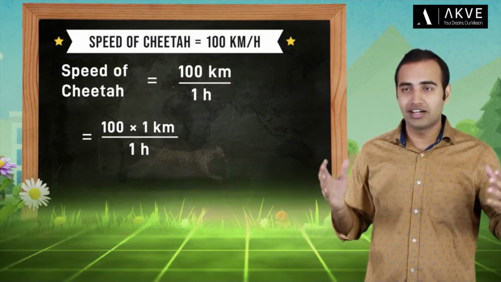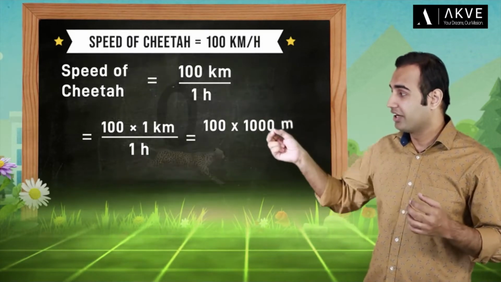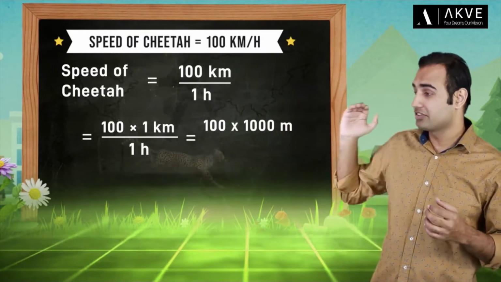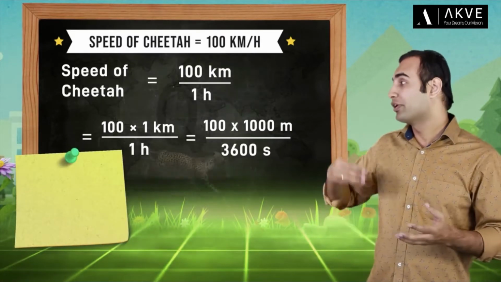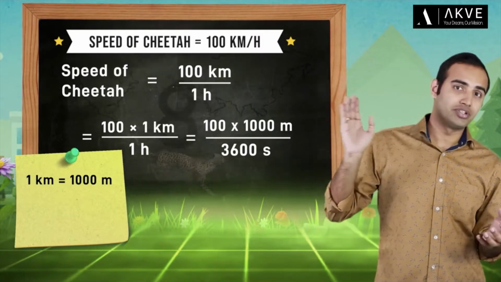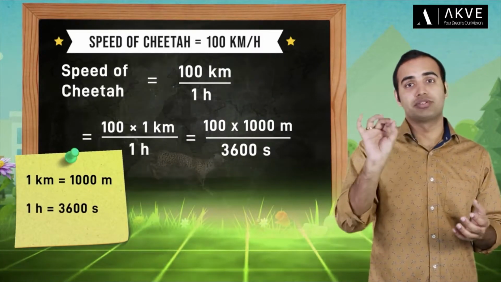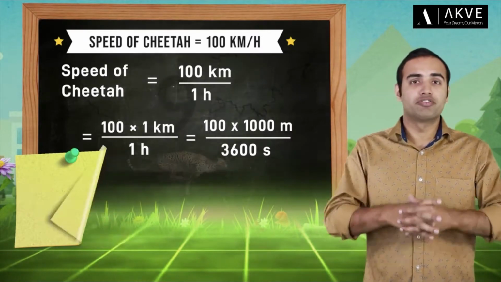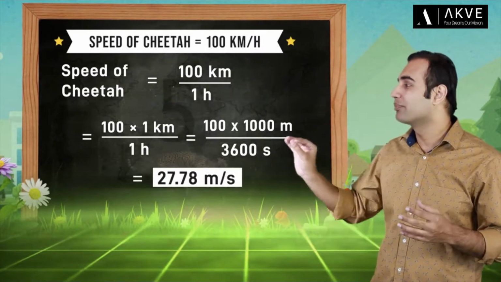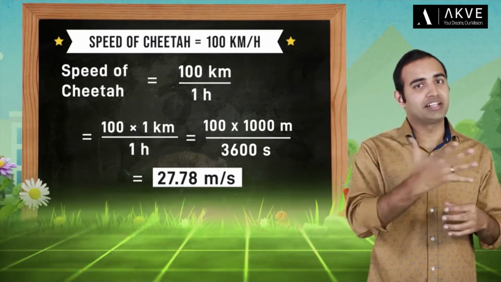Now once we do that, the expression changes to 100 multiplied by 1000 meters divided by 3600 seconds. Why? Well, because 1 kilometer is equal to 1000 meters and 1 hour is equal to 3600 seconds. Now simplifying this, we get the value of speed of cheetah as 27.78 meters per second.